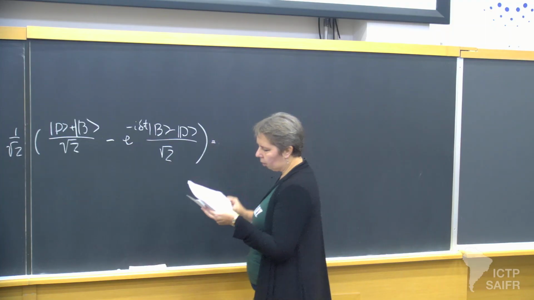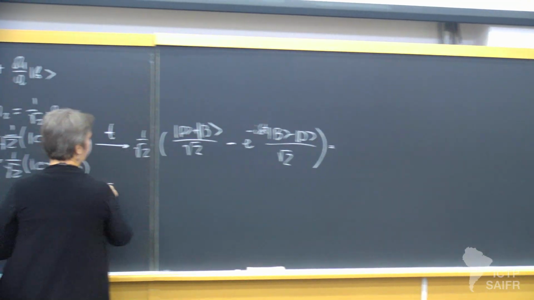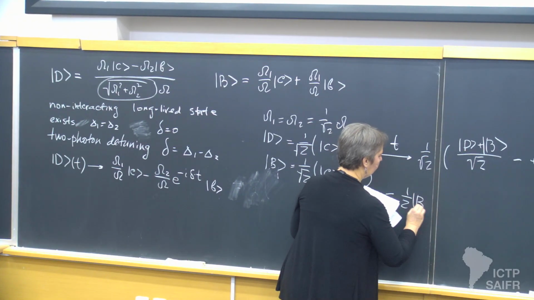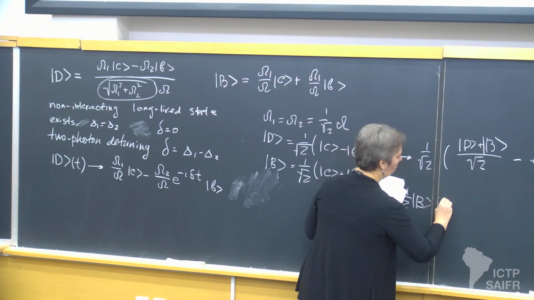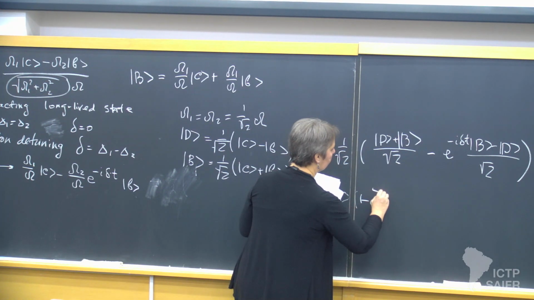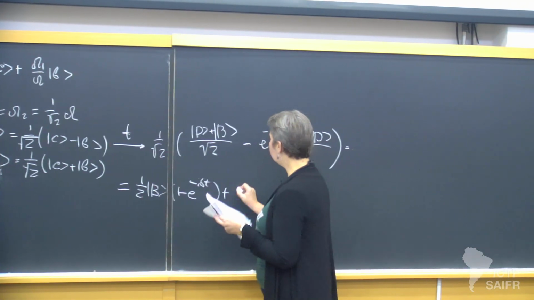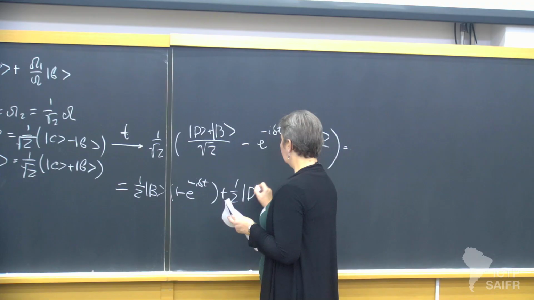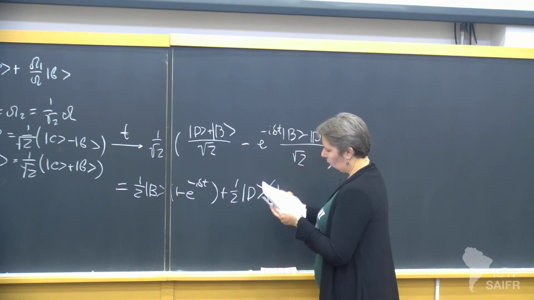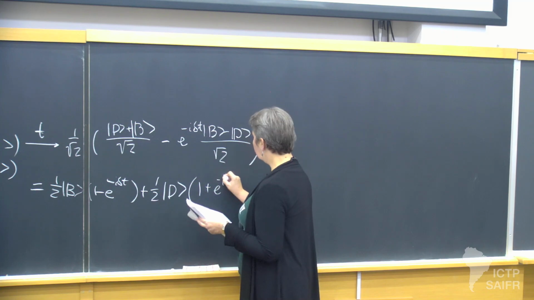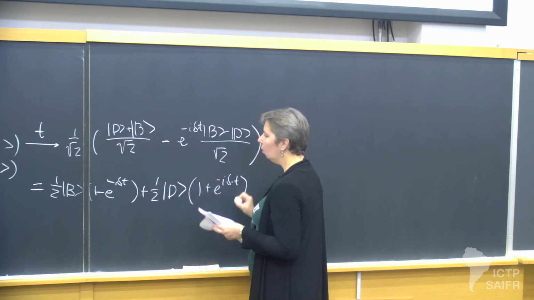And then, of course, we can make the transformation that is going to be 1/2 bright state times (1 minus e to the minus i delta t) plus 1/2 dark state times (1 plus e to the minus i delta t).